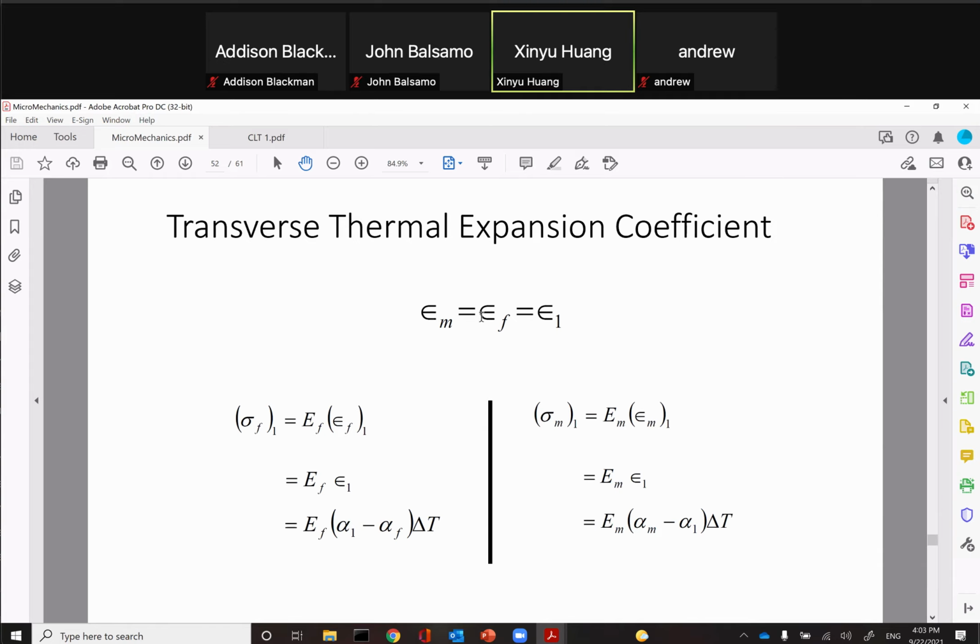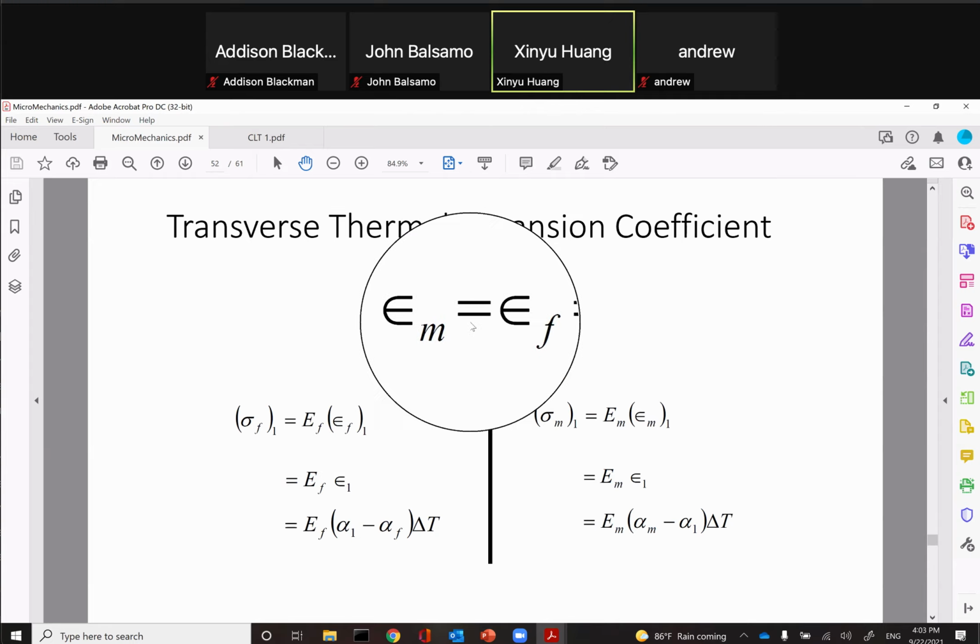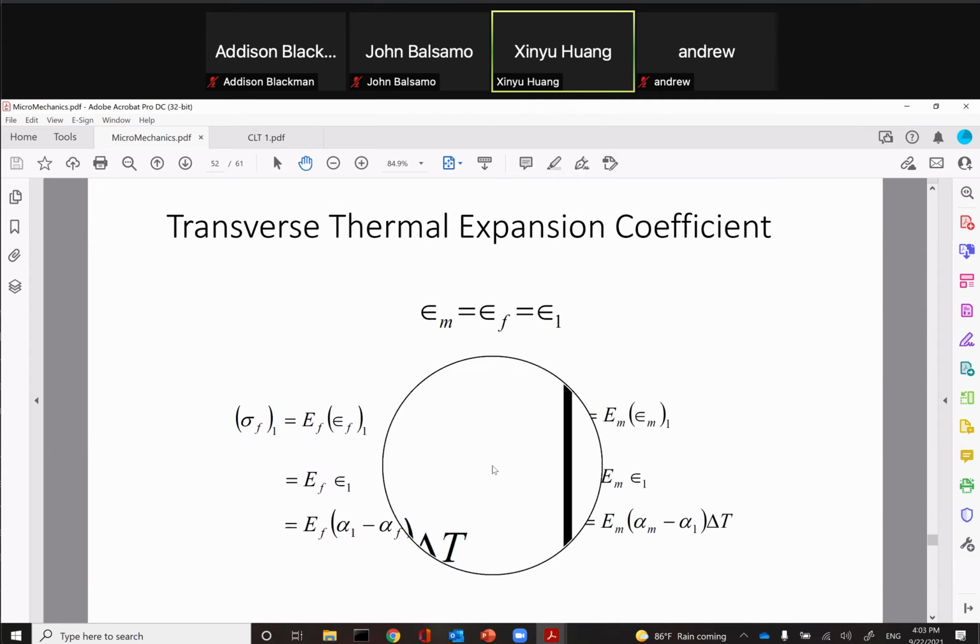Your fiber and matrix in the one direction have to maintain the same heights. Okay, that's the condition enforced. And then you can estimate that. So this condition will translate to this.